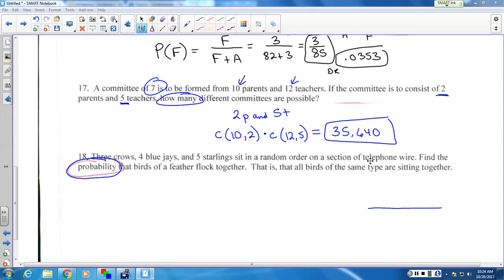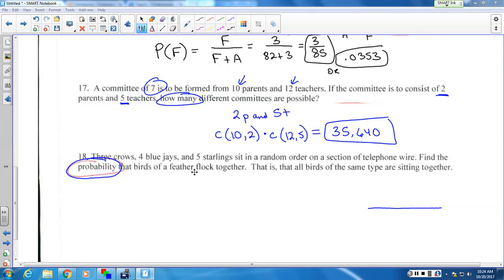In general, no restrictions, what's taking place here? Birds are sitting on a wire. How many birds? 12. 12 birds are sitting on a wire. How many different ways could 12 birds sit in a row on a wire?